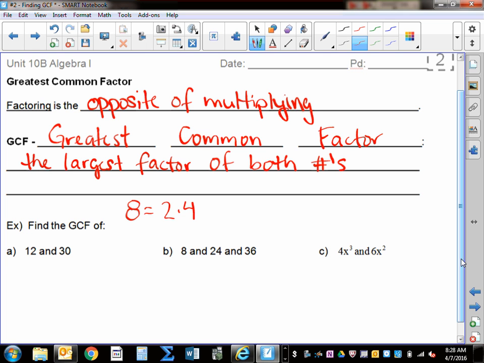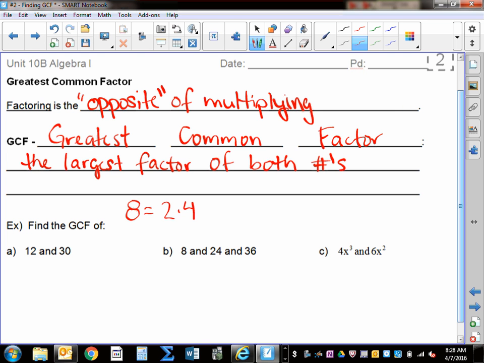But you can kind of think of it as backwards multiplying. We're trying to break it down into those numbers that multiply together to make it, and dividing is a tool to break it down. So it's kind of the opposite of multiplying. Okay, so like we said, we can break 8 down into 2 times 4, because 2 times 4 is 8, so 2 and 4 are factors.